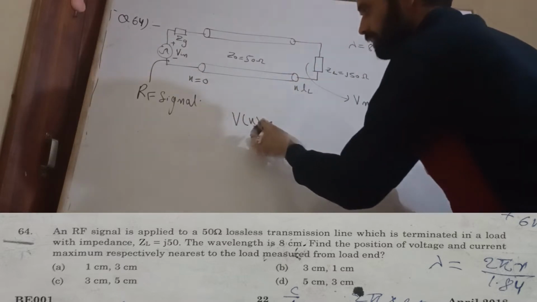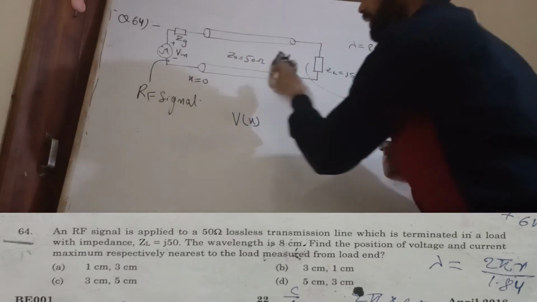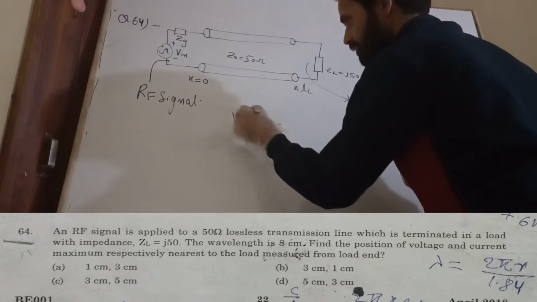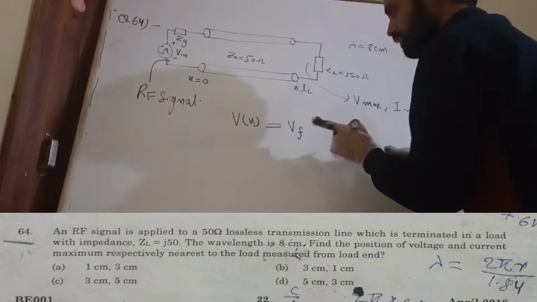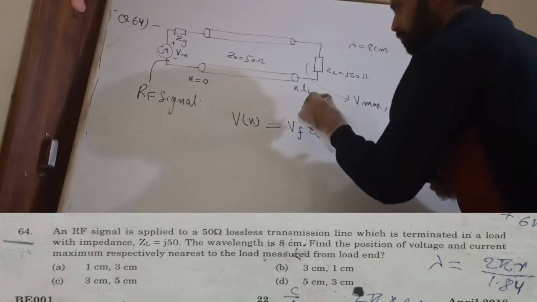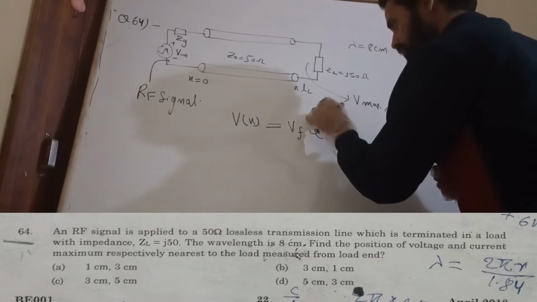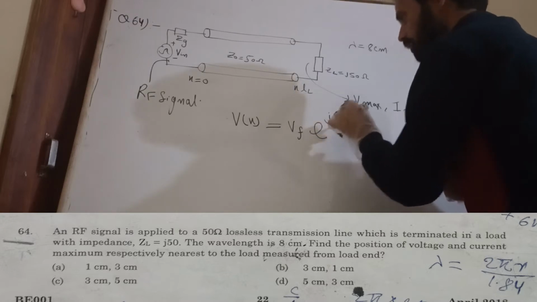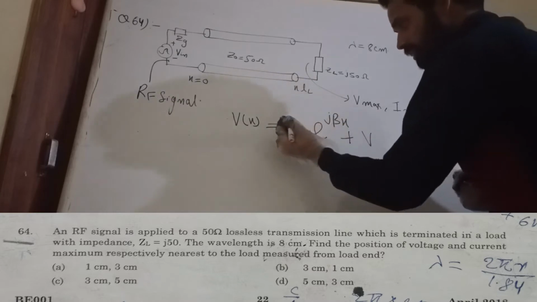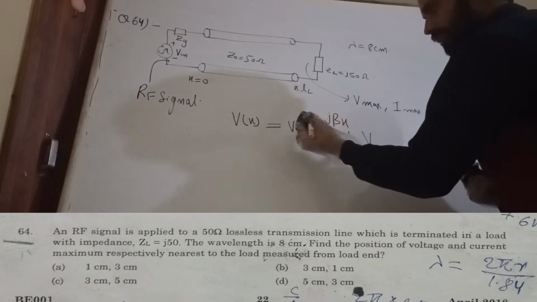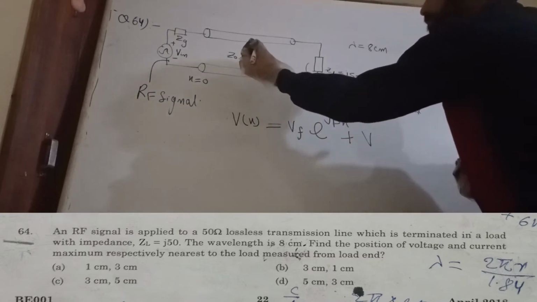Now the voltage varies along the transmission line as V of x is equal to V forward times e to the power j beta x. This is the forward traveling wave, which travels through the transmission line.